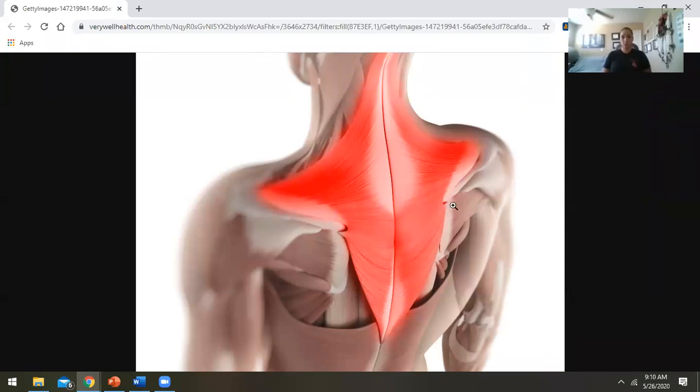My middle traps is this middle portion. You can see this is still pulling towards the center, but the problem is that it's also pulling into elevation. That's the issue here, right? Whereas my lower and middle traps are supposed to pull this way.